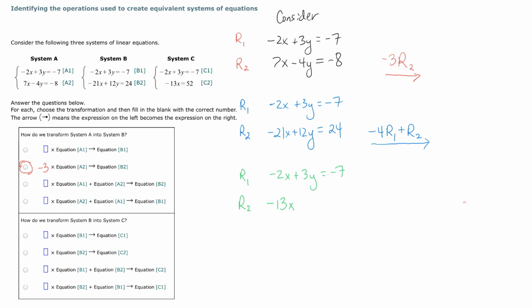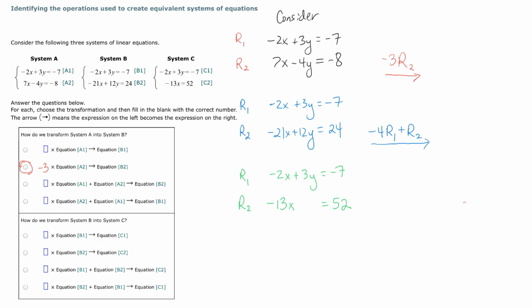And then negative 12y, negative 12 times y plus 12 times y, that's 0y. I'm not going to even write it. It's now equal to 28 add 24. And if you add 28 and 24, we do get 52. And there, we now got system C.